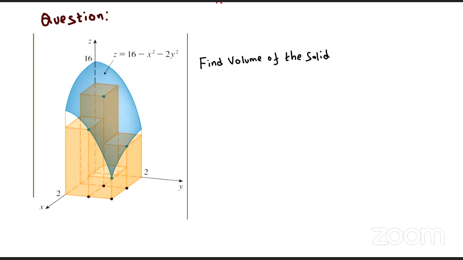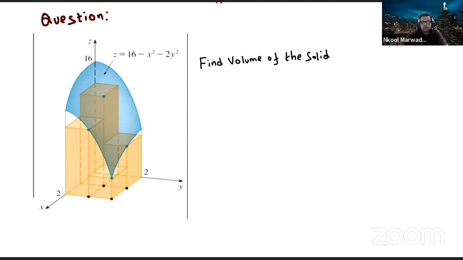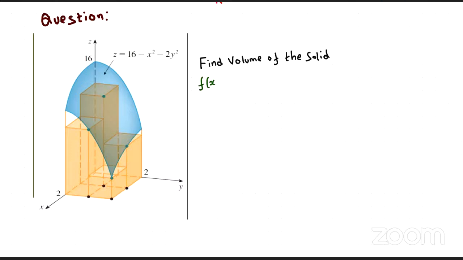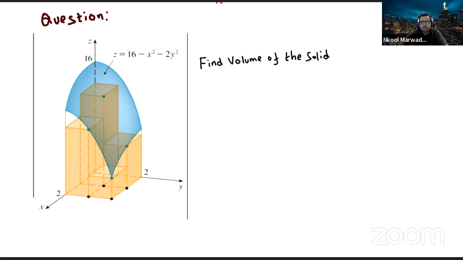So here f of x, or they can do f of x comma y. Like they can give z equals f of x comma y equals 16 minus x square minus 2y. And they can give the interval of x and y.